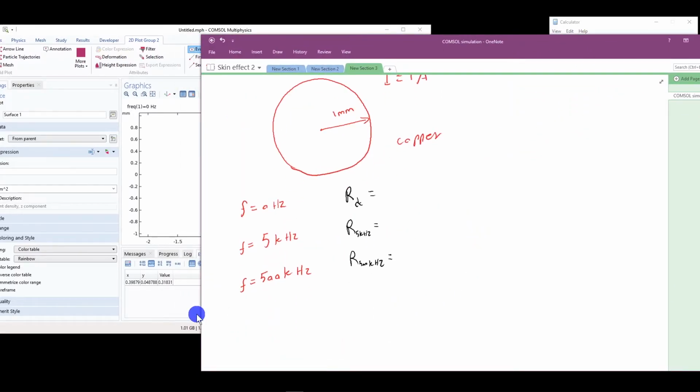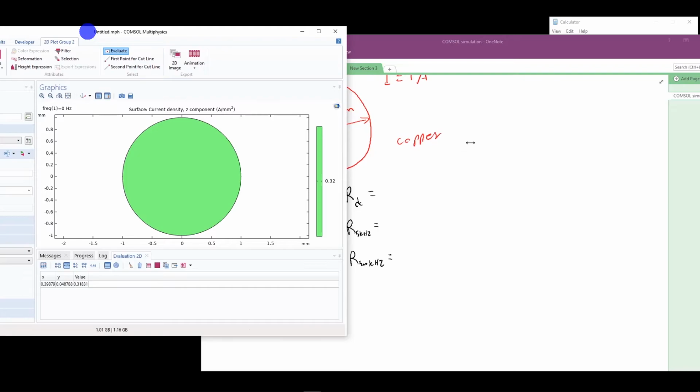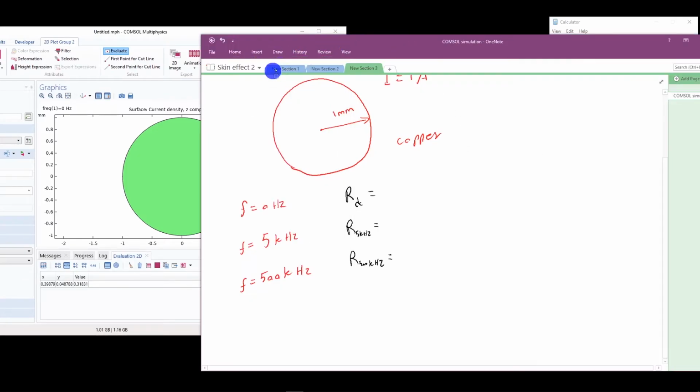So for the case of frequency is 0, we expect that the current is uniformly distributed, and so current density in this case, what would be the current density? J is basically equal to I divided by A. So the total current divided by area, which is 1 amp divided by pi R squared. Okay, so I got rid of the pen attention because it distracted me. Okay, so this is 1 amp over pi R squared, and then I can write R as millimeter, so it would be 1 over pi, and R is 1, then ampere per square millimeter.